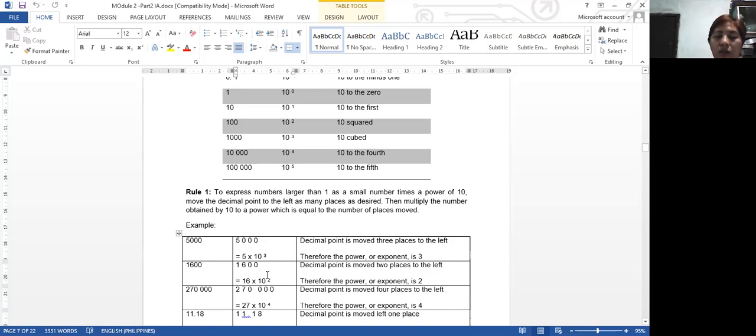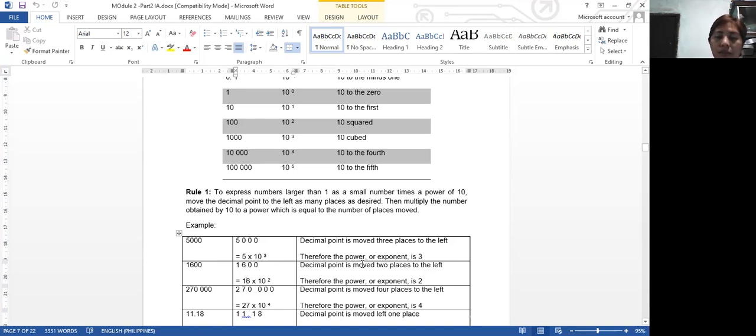Now, question, how about if it is 1.6? If you're going to make it 1.6, the counting will stop in this part here before 1. So it will become 1.6 times 10 cube. Okay, but here, since we do not have decimal points, it's whole number 16.